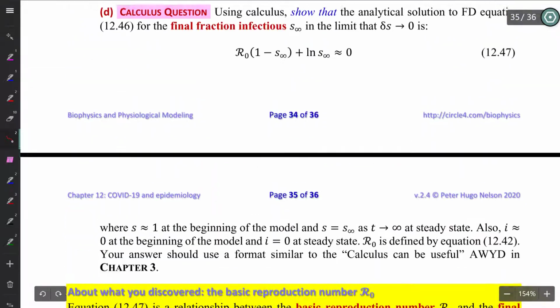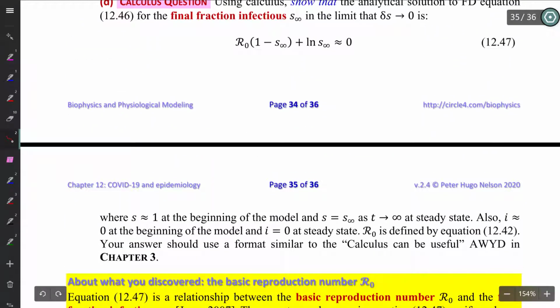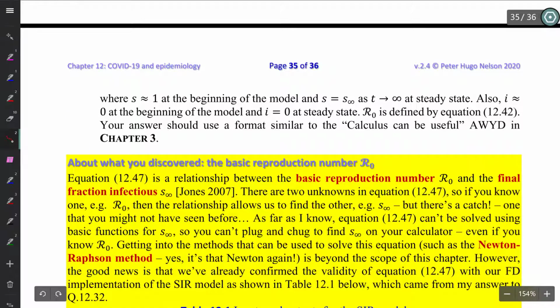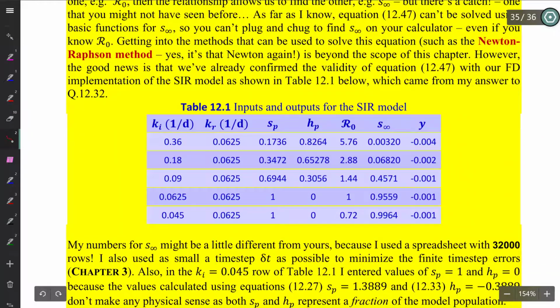Remember, the approximation is that at the beginning of the model, the fraction infectious is 0. But in fact, if we had 1,000 people and we started with one infectious person, that's off by 0.001, which is actually the same magnitude that we have here. So the fact that all of these are in that same ballpark tells us that it looks like we've figured out how this S infinity is related to R naught with our equation.